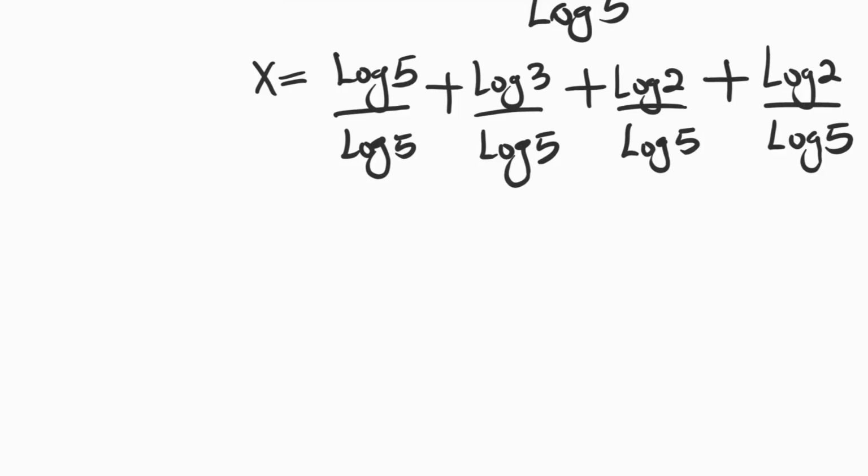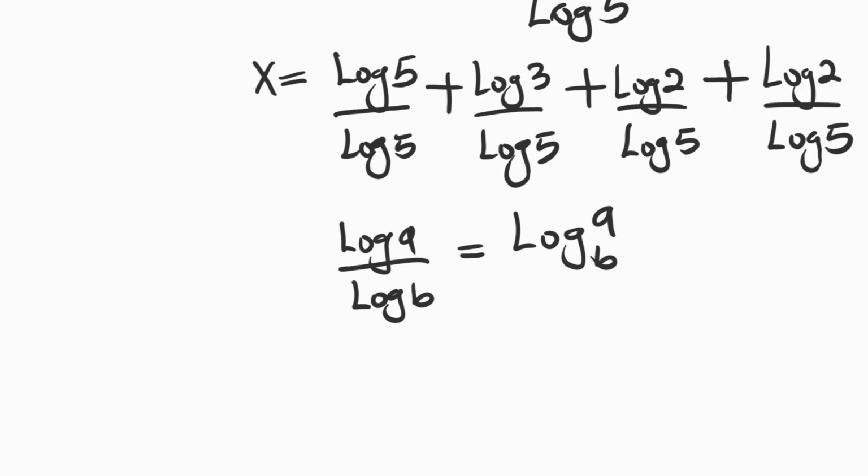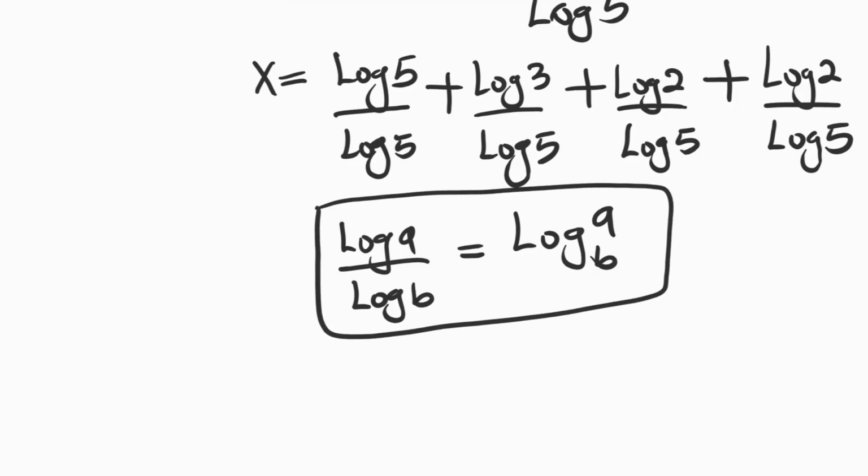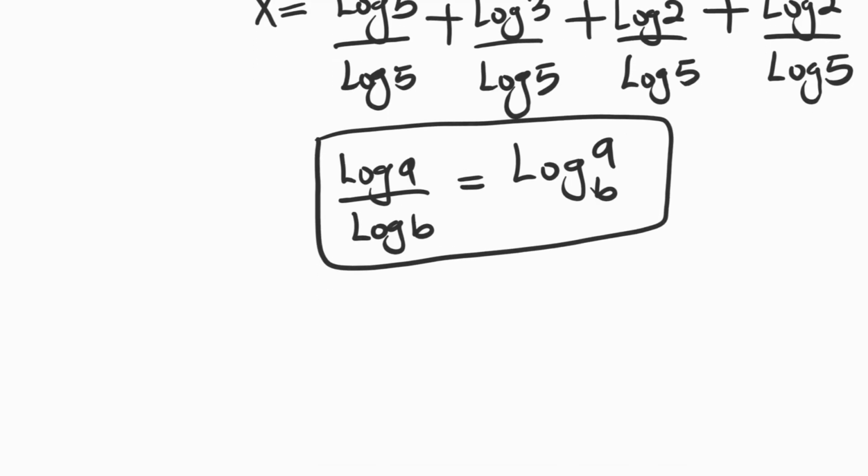Easy enough. Okay. So now our log rule states that log of a divided by log of b is equal to log of a base b. And we're going to apply this to the right hand side.